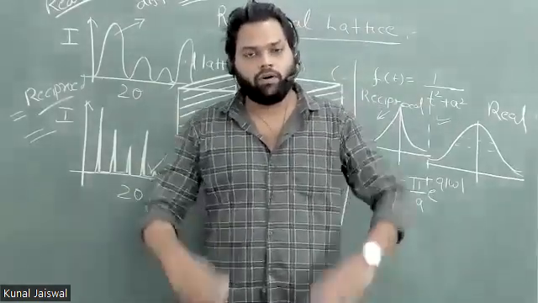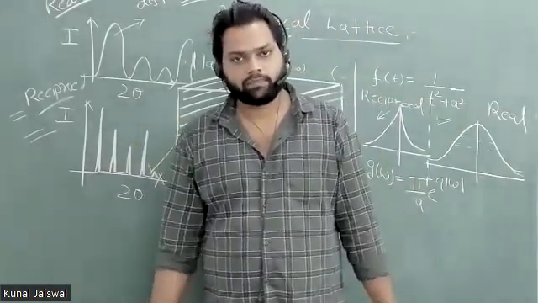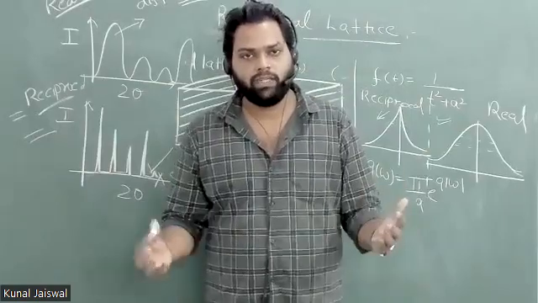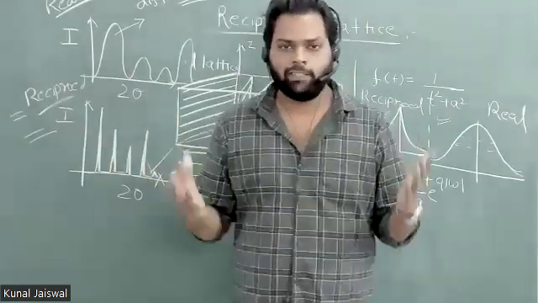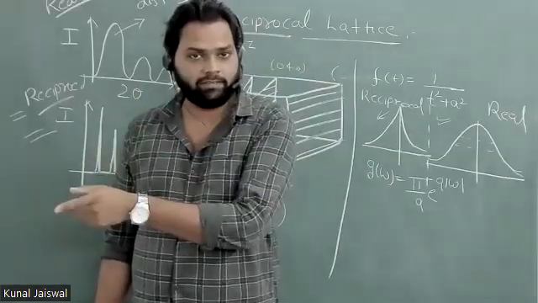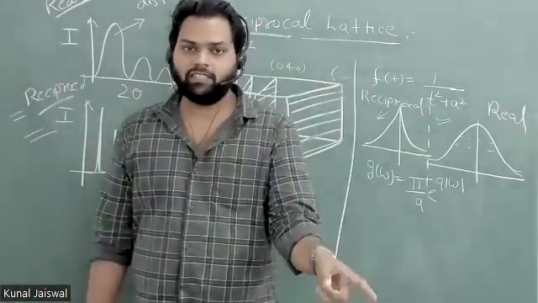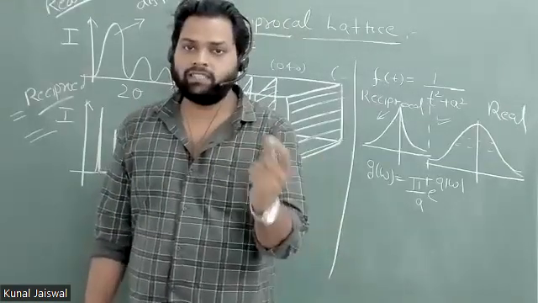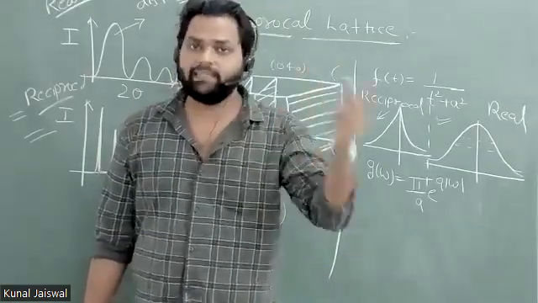Okay, so the fundamental thing is why we are studying the reciprocal lattice, because the ultimate aim is to study the crystal. For studying the crystal, we have to know exactly the position of what? Planes.